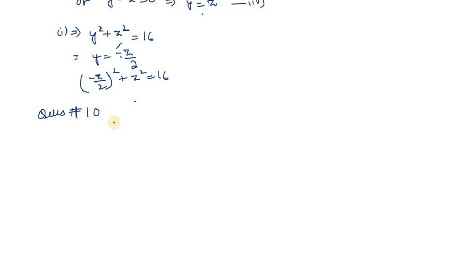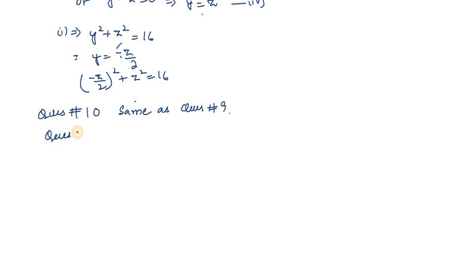And equation number 2 is x square plus y square is equal to 25. So first we solve equation number 3 and 1, and then expression 4 and 1, and get the values of x and y and form the solution set. So question number 11 is the same as question number 10 and 9.